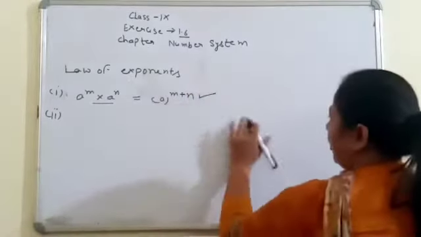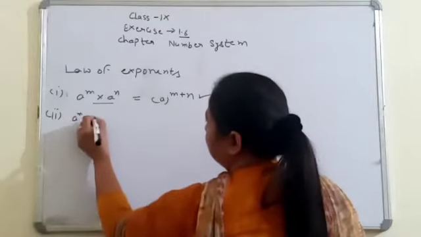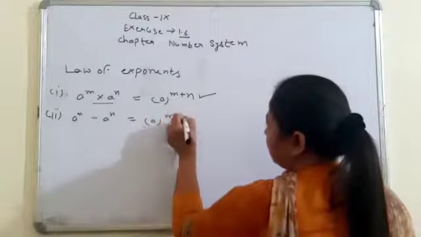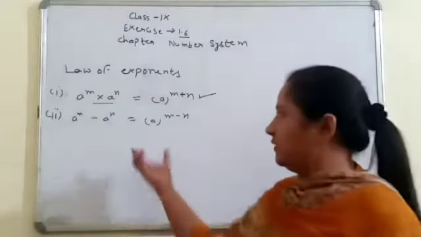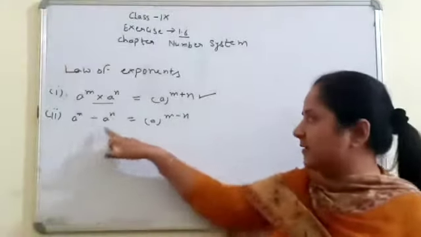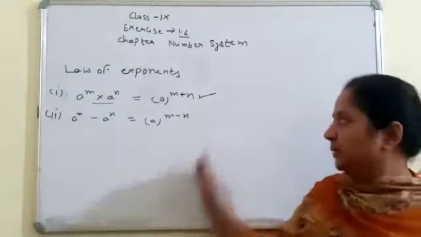Second is when bases are same and they are divided, then we will subtract the exponents, we will subtract the powers.